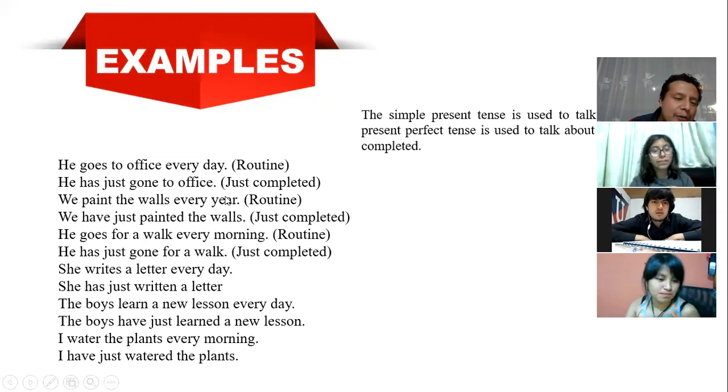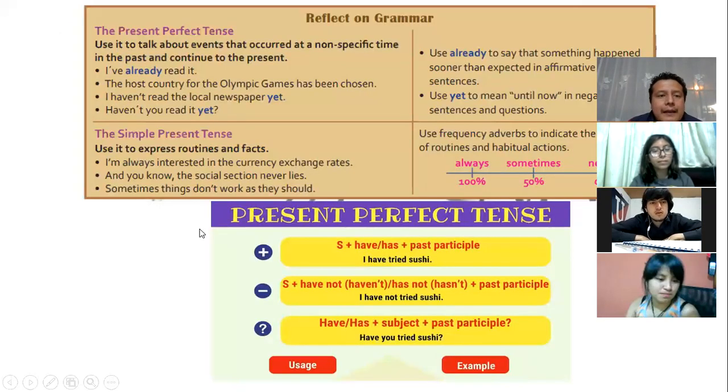When we have a routine, we use the present tense, and when we have an action that already finished, we use the present perfect tense. But also, we use it with an action that occurred at a non-specific time in the past but continues in the present.